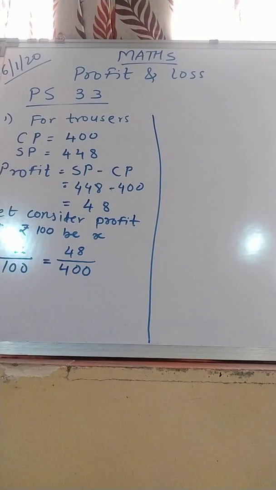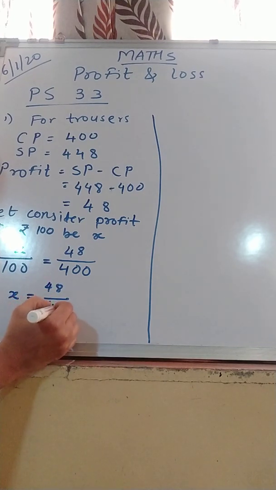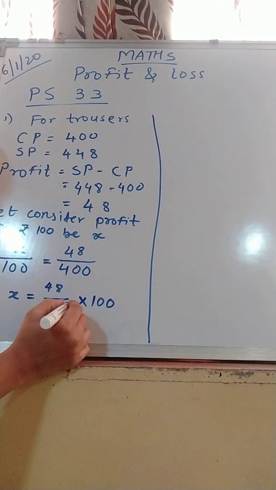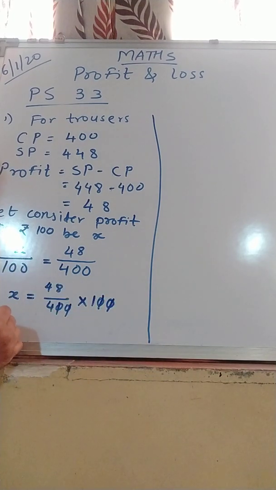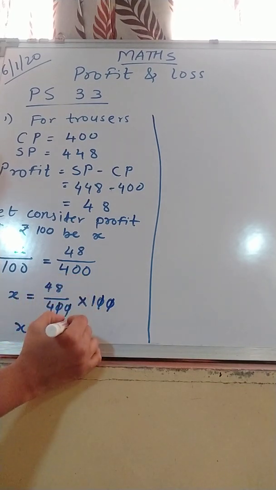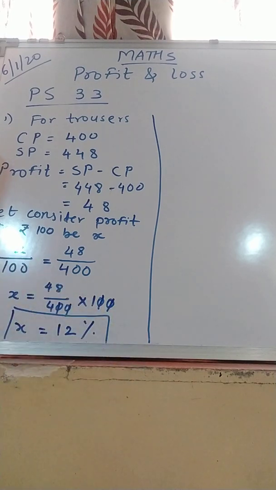Solve this equation. When we are multiplying 100 on both sides, we get X is equal to 48 upon 400 multiplied by 100, right? So this 20 will cut. Therefore X is equal to 4 ones are 4, 4 twos are 8. X is equal to 12%.